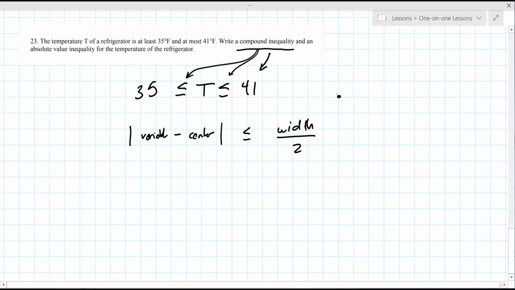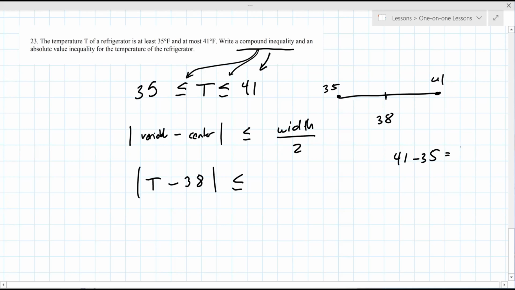The center between 35 and 41 is the average. What's the average between those numbers? Well, it's 38. Okay. So it's t minus 38. Now the width in this case is 41 minus 35, which is 6. Divided by 2 is 3.